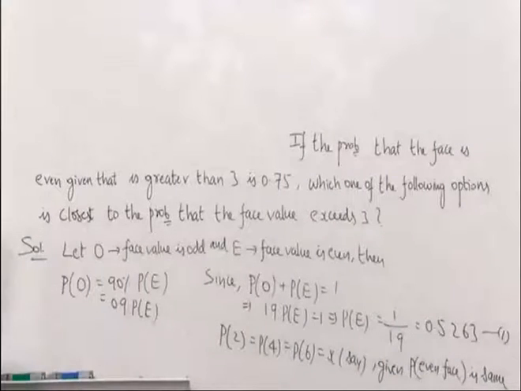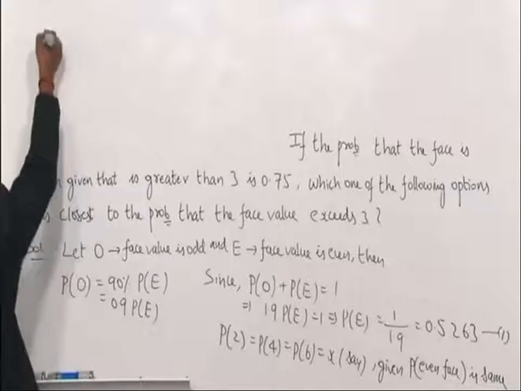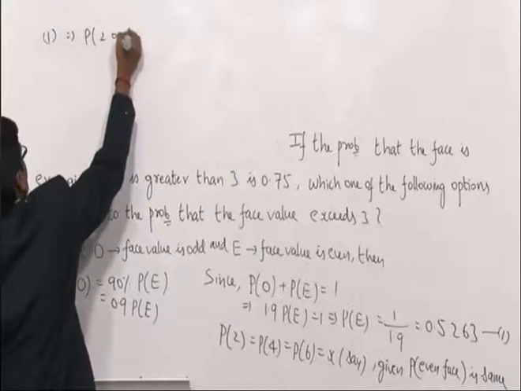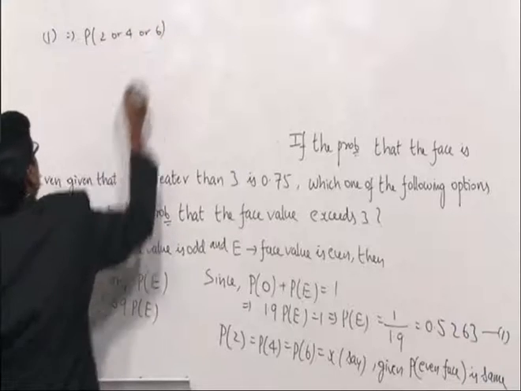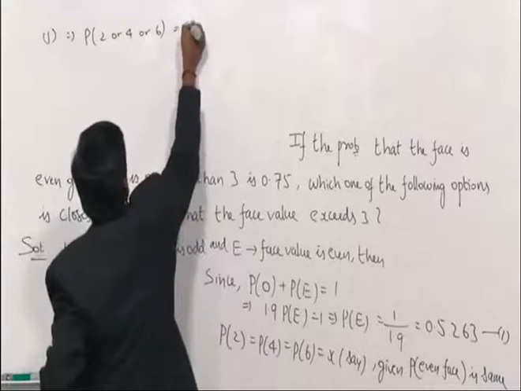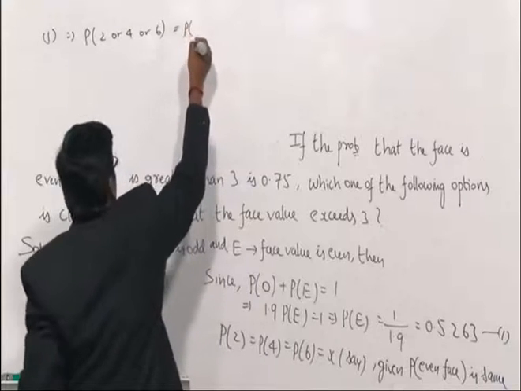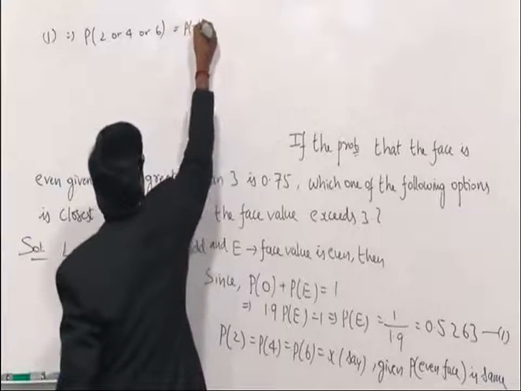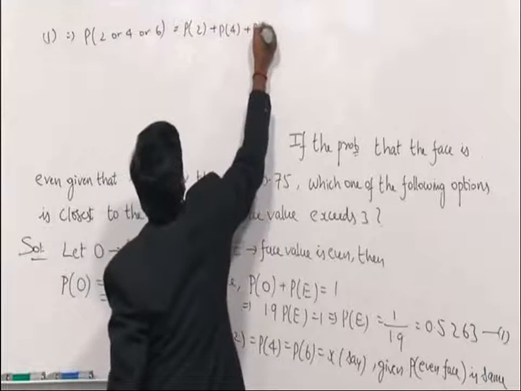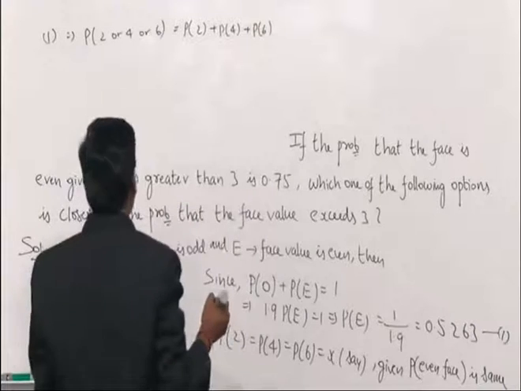Now see, even means 2 or 4 or 6, 3 cases. In that, 2, 4, 6 are all mutually exclusive. So the probability of A or B or C, in the case of mutually exclusive events, which I discussed in the last class, is P of 2 plus P of 4 plus P of 6.